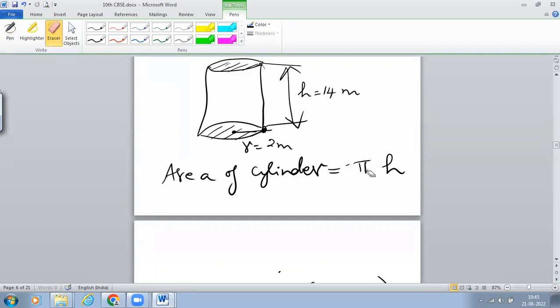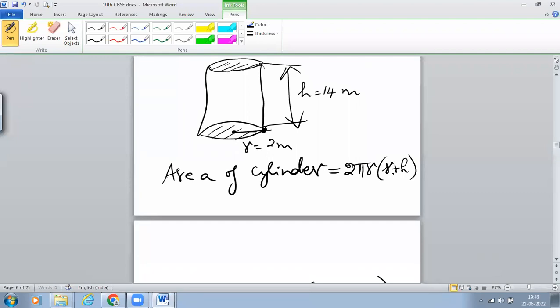Now the total surface area of the cylinder is 2 pi r into r plus h. This is the formula for finding the total surface area of the cylinder.